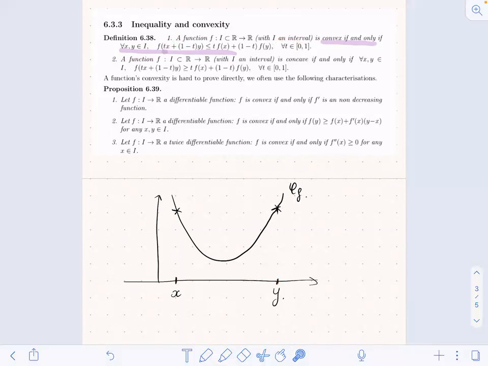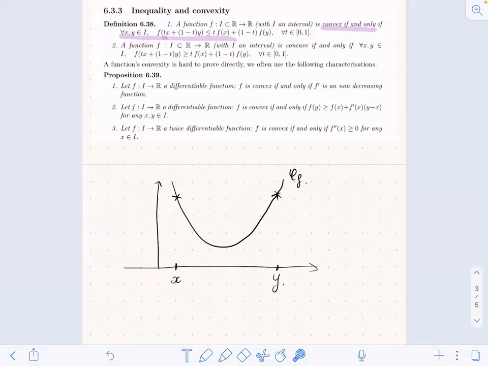So for any t between 0 and 1, we're looking at the value of the function at that point on this interval, and we're comparing it to a certain combination of f of x, which is here, and f of y, which is here.